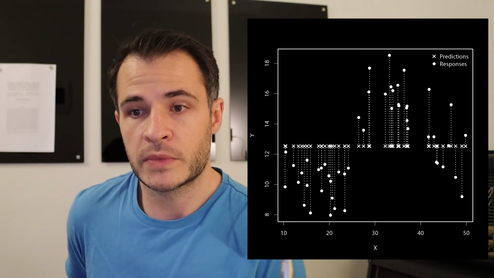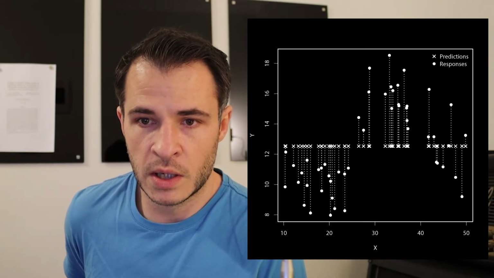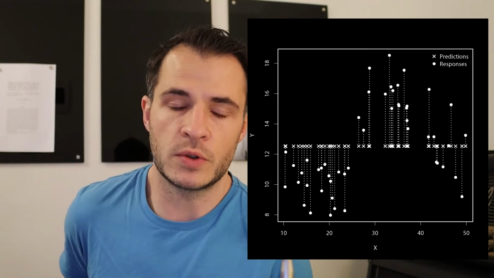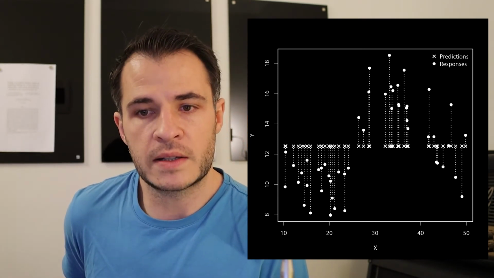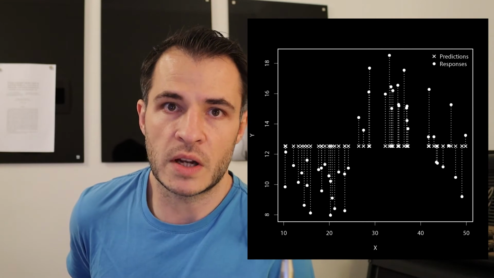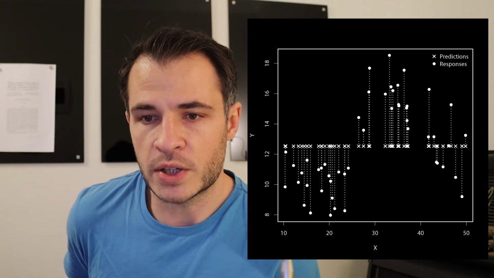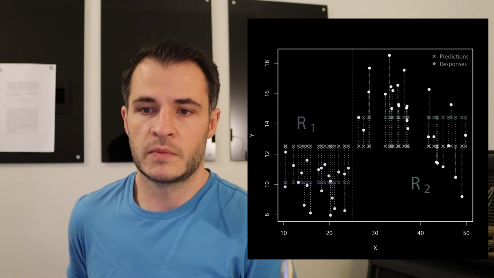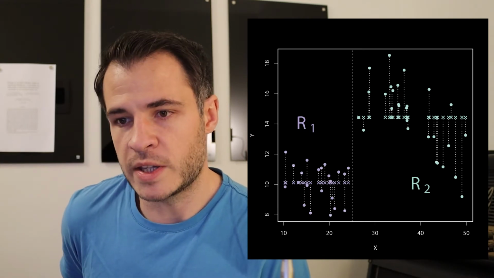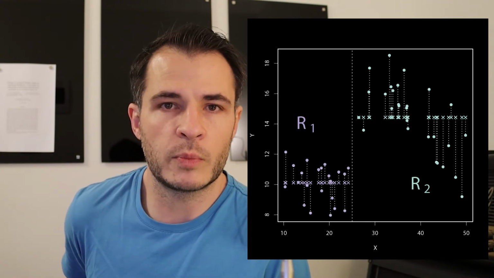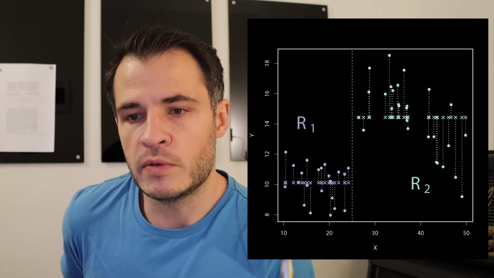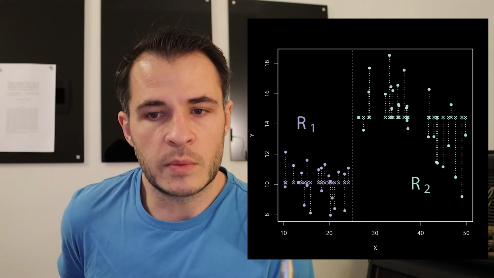So invoking the notion of partitioning, perhaps we could partition the feature space into two regions, isolating the responses from those regions and reformulating our predictions. By visual inspection, we could maybe guess that a good place to do this would be around the point where we stop over predicting and start under predicting.